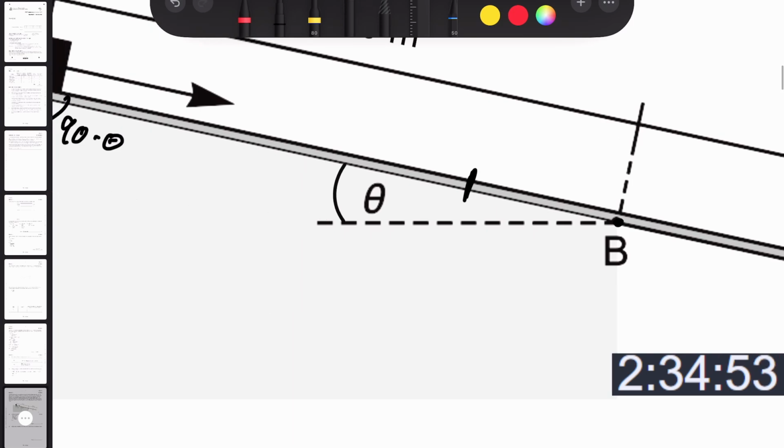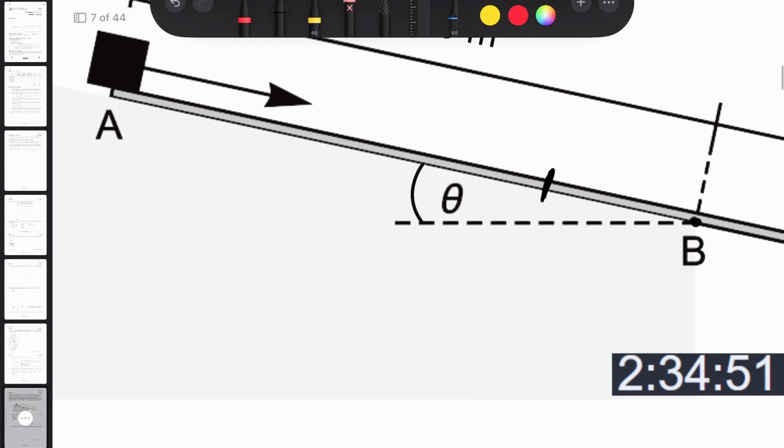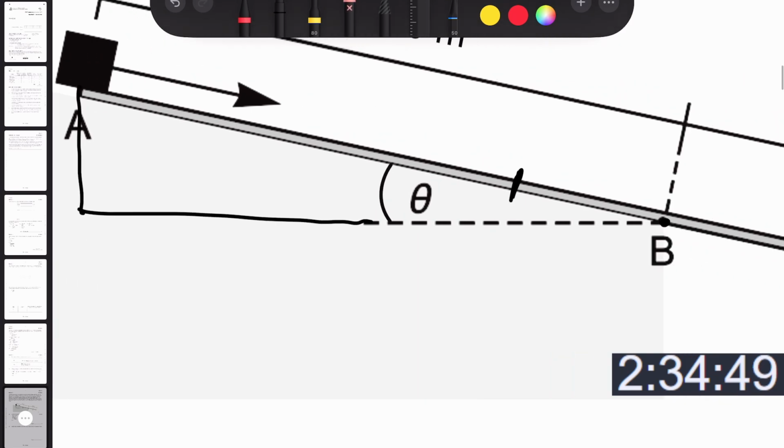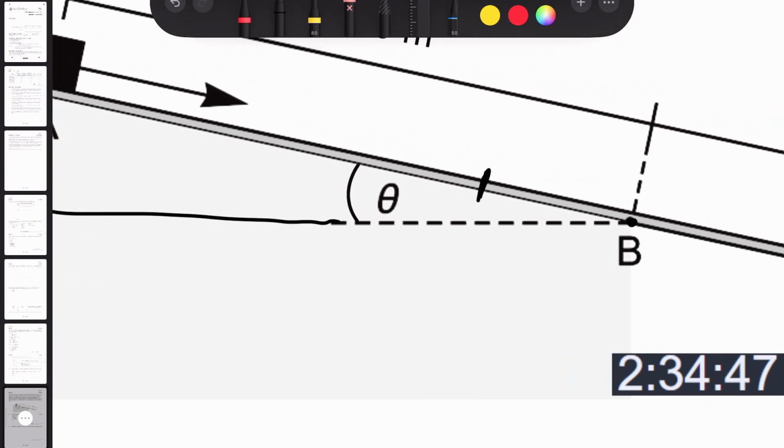Oh god, I can't think right now. Okay, let's work this through. So that's my horizontal. So that's my perpendicular to this. And then I also have some on the perpendicular to that.